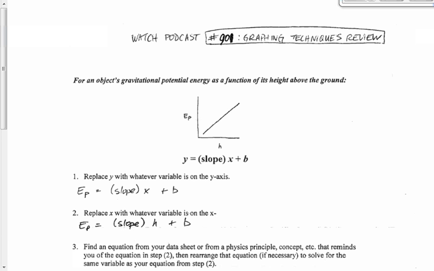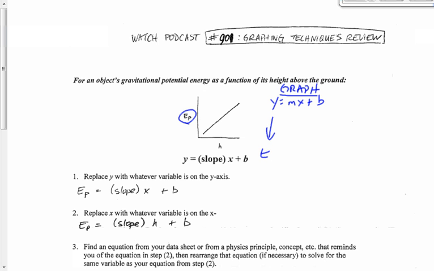Now, the good news is the graph you're going to get is almost certainly going to be a straight line graph. A straight line graph always has the equation y equals mx plus b. There's your equation for every straight line graph. Now, what do we do from that? We replace y always with whatever appears on the y-axis.